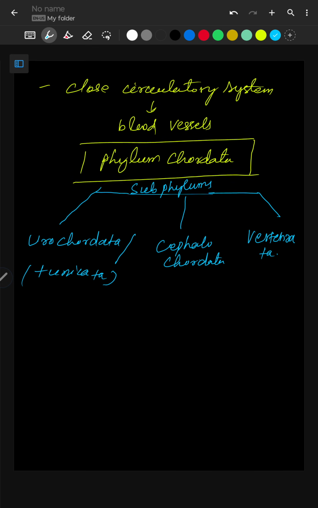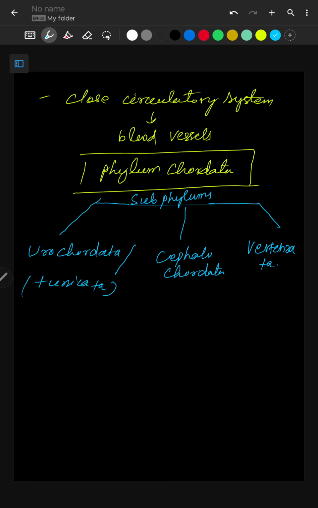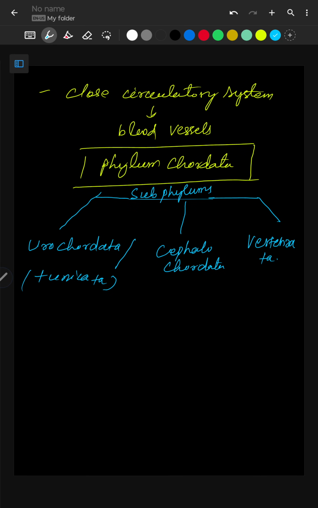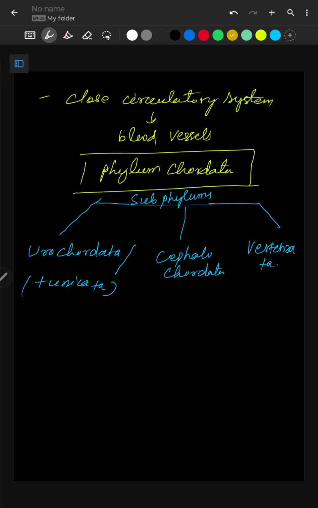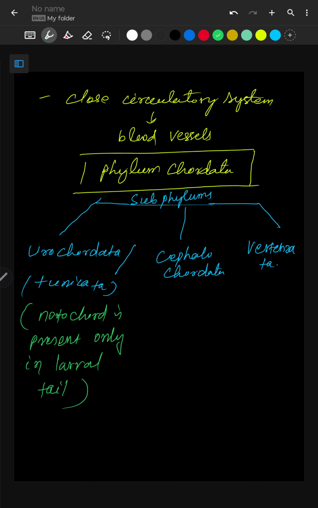Okay, so on what basis are they named so? Just remember, children, in Urochordata the notochord is present only in the larval tail. Very important. That's why they are known as Urochordata.